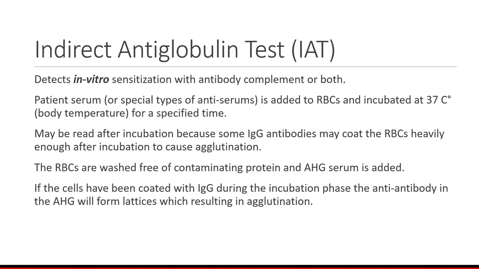If the cells have been coated with IgG during the incubation phase, the antibody in the AHG will form lattices, resulting in agglutination. So again, you cannot see sensitization. You cannot see antibodies attached to cells. All we can do is perform testing which will detect that this type of reaction has occurred. And the most common type of reaction we look for is agglutination.